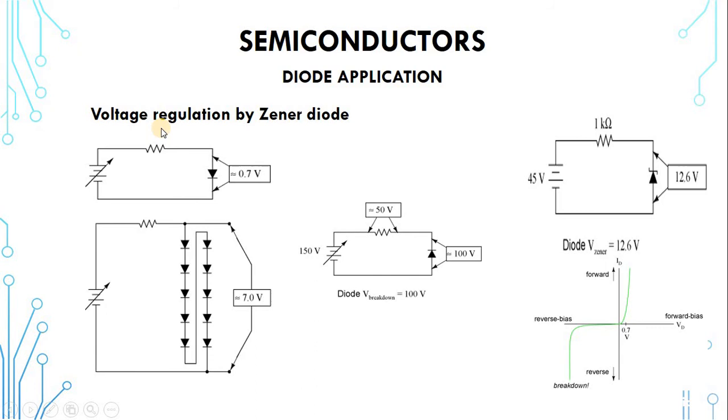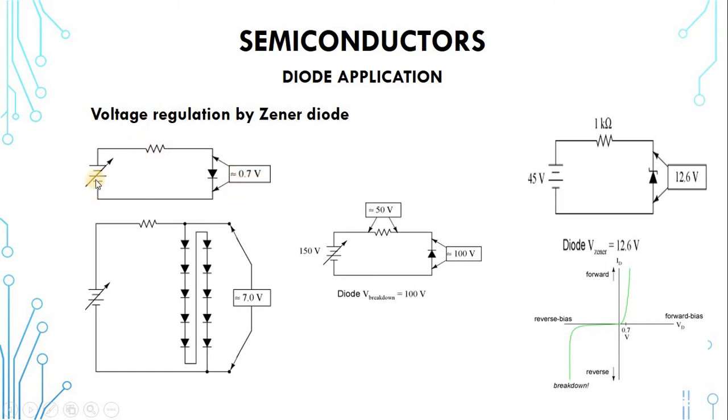The resistor is in series with the diode, so the voltage drop across the diode plus the voltage drop across the resistor should give us the total voltage. But the diode will always have 0.7 across it, even when you are varying the source voltage, so the changes will only be seen in the voltage drop across the resistor.